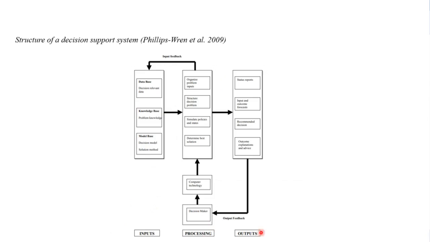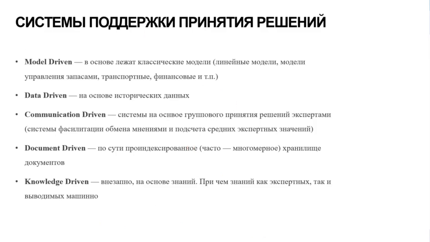And then we have the output component, usually the visualization, dashboards or reports. This information comes back as feedback and can be used in improving decision making for the company. So when I say decision support systems, I'm basically talking about this concept.